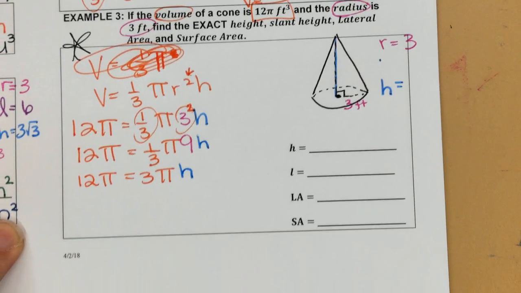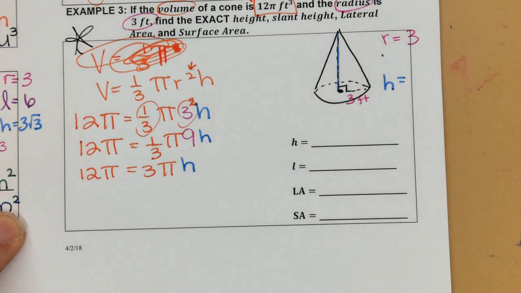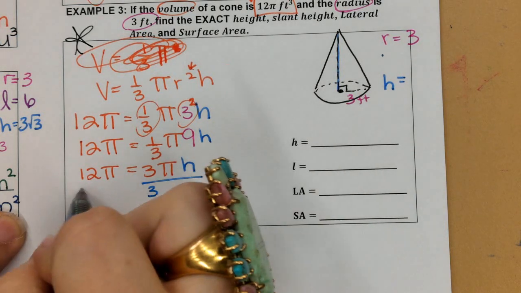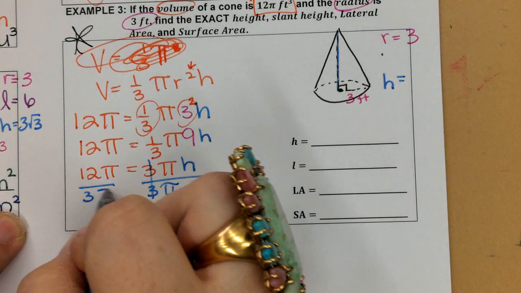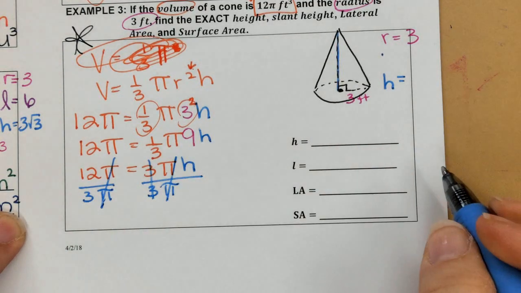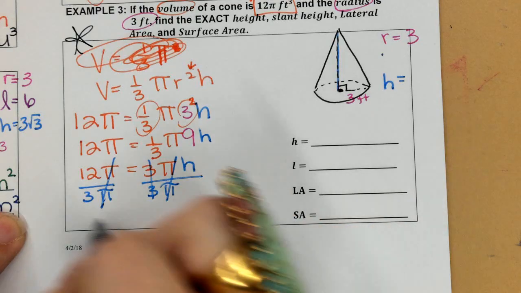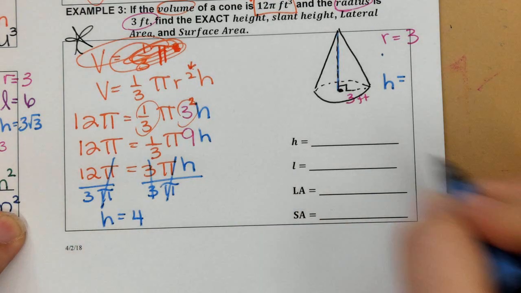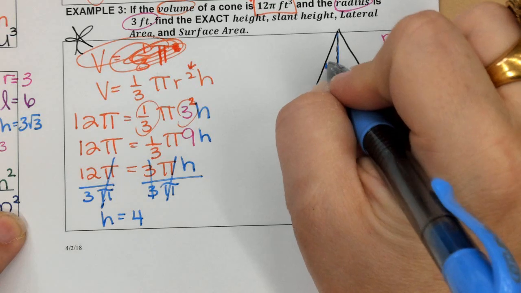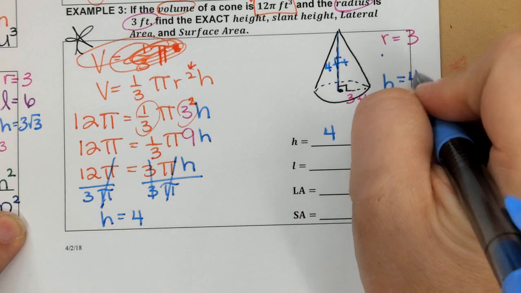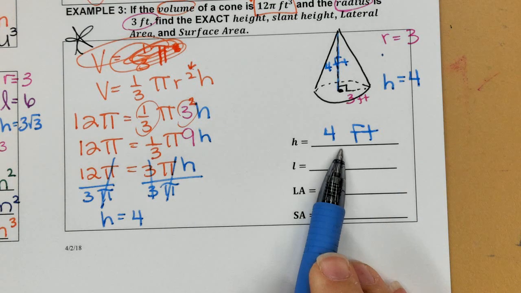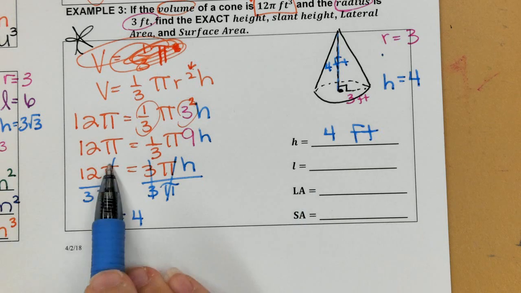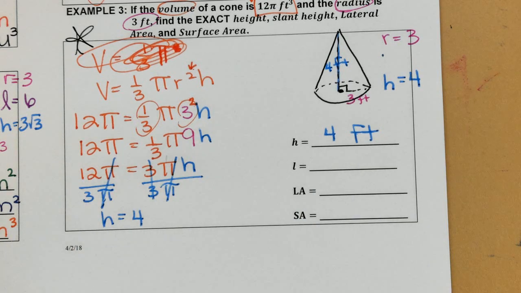Now everything that's attached to my H, I have a 3 that's attached I need to get rid of, but I also have the pi, and pi divided by itself simplifies to 1. So we end up finding out my height is 4. Sometimes, y'all get in a rush and you end up writing 4 pi as your height. It is not 4 pi, it is just 4 because we divided out that pi.